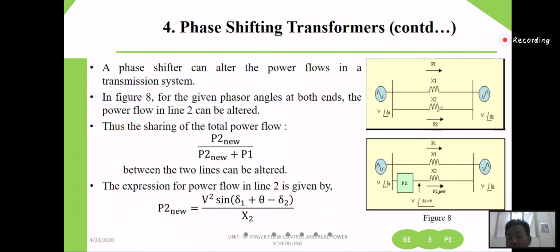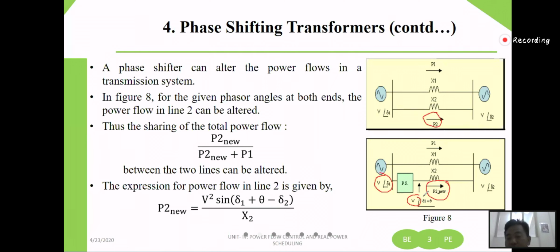Originally the power flowing in line 2 is P2. Now after introduction of the phase shifter, you will have a new power flowing in line 2, that is P2 new. Here what we have is the same as the original, V angle delta 1, but after introduction of the phase shifter you will have the same voltage but a different phase angle.